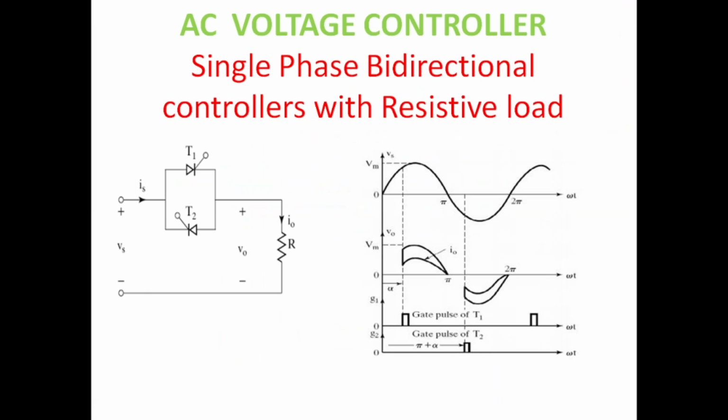AC voltage controller. Here we are converting one AC into another AC, and the RMS value of this output AC is less than the input AC.